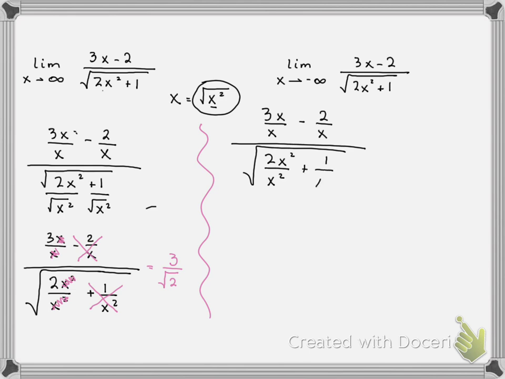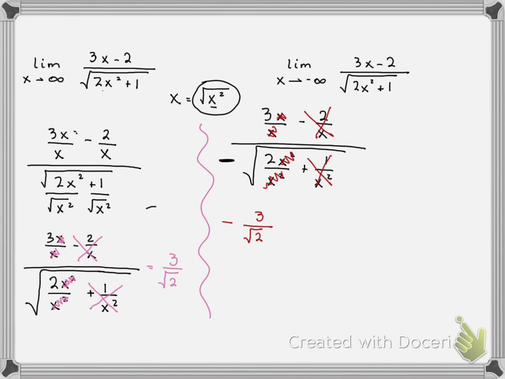The only difference here is that we are approaching negative infinity, so you put the negative outside the radical, and we could do our simplifying. This goes to 0, this goes to 0, that simplifies. So that limit is 3 over the square root of 2, but it's negative.